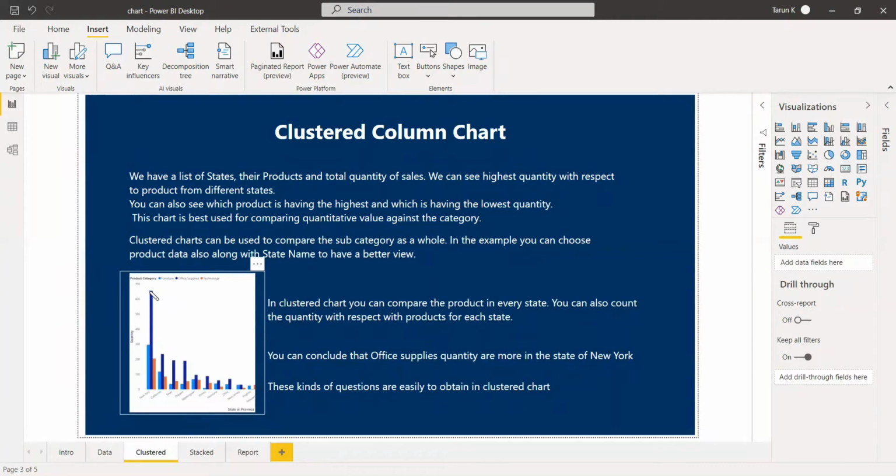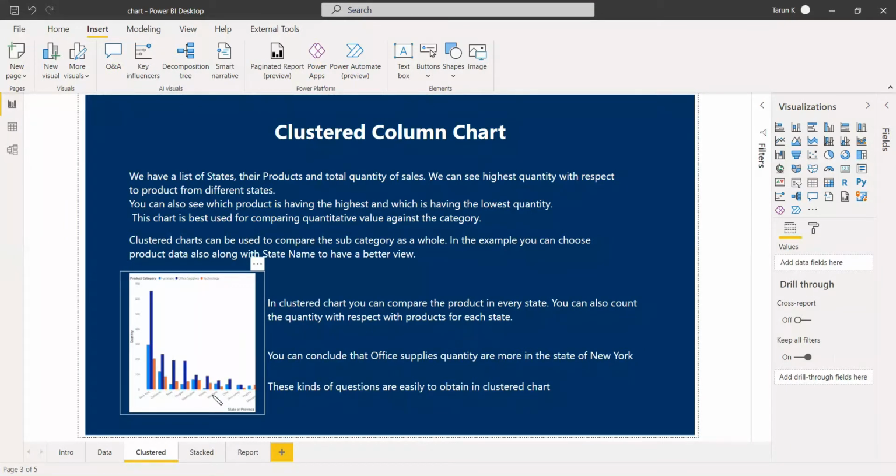You can also count the highest among the subcategories. Among the subcategories, highest is New York, which is having office supplies. The lowest, you can see here, is furniture in this state.